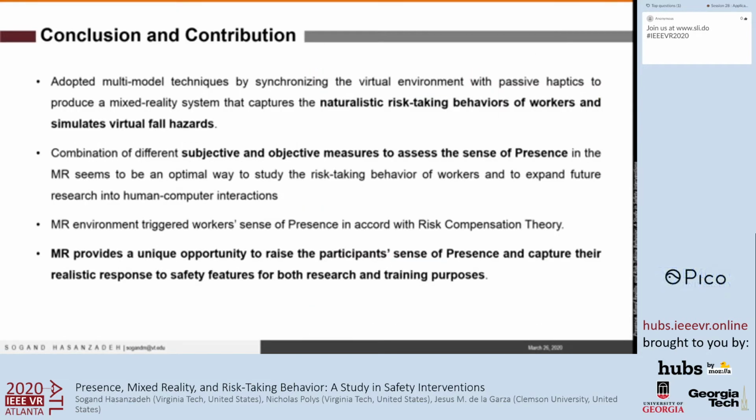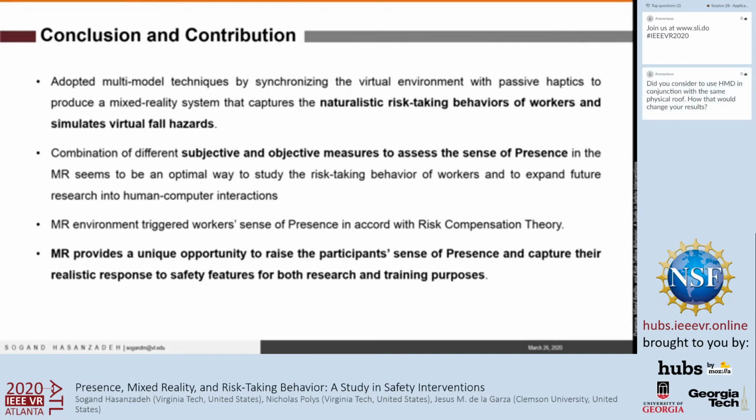So in this study, by adopting multimodal techniques, which is synchronizing the virtual environment with passive haptics, we were able to produce a mixed reality system to capture naturalistic risk-taking behavior of workers and simulate the virtual fall hazard. The combination of the subjective and the objective measures helps us to measure and assess the sense of presence.